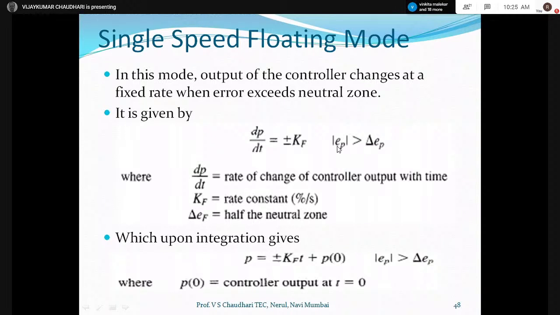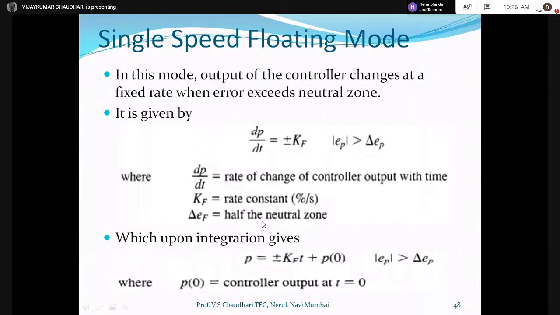Okay. So for E_p greater than delta E_p, that's the neutral zone, delta E_p. So dp by dt is the rate of change of controller output with time. Kf is the rate constant, percent per second.